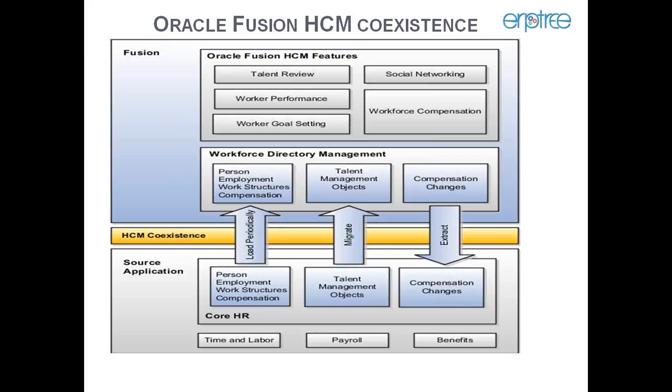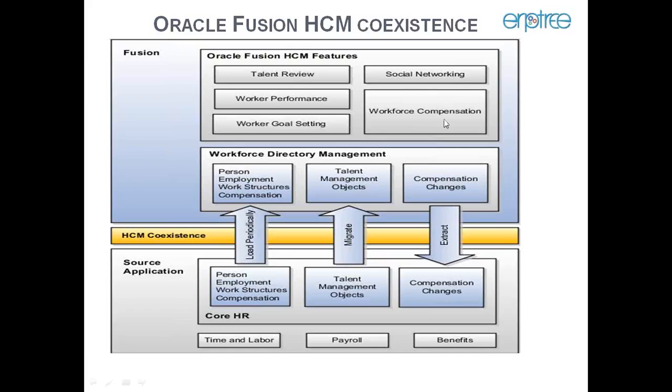Once the employee gets hired, the data gets migrated to the Fusion application. For the same employee, the talent cycle goes on, the performance cycle goes on, and based on that the compensation gets decided.